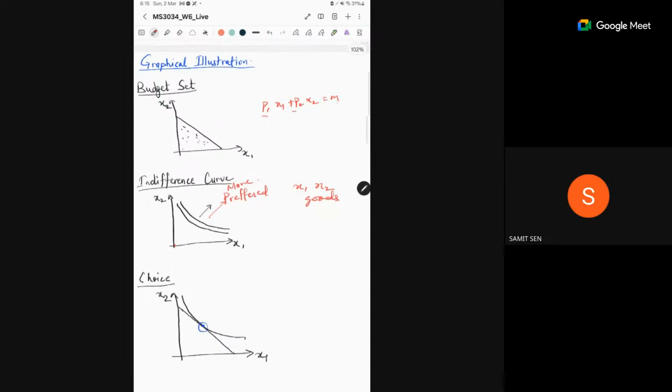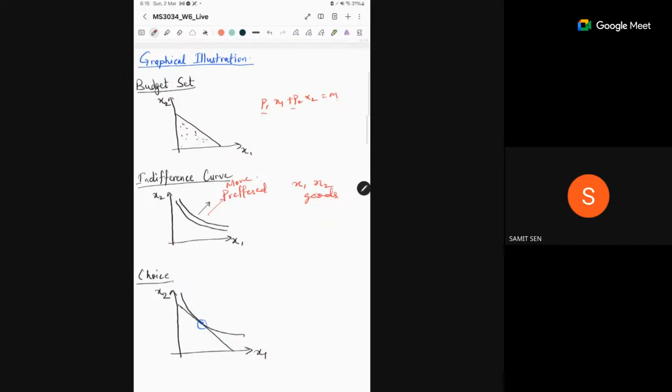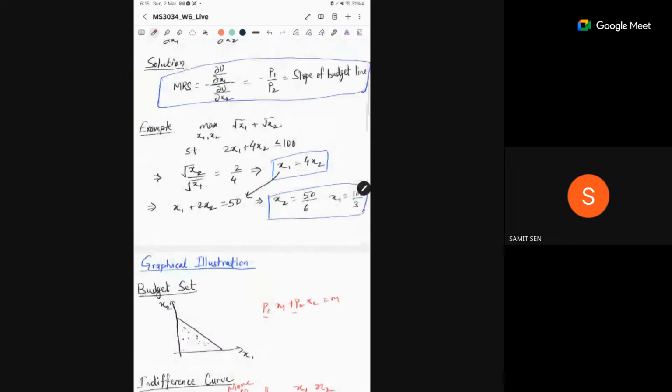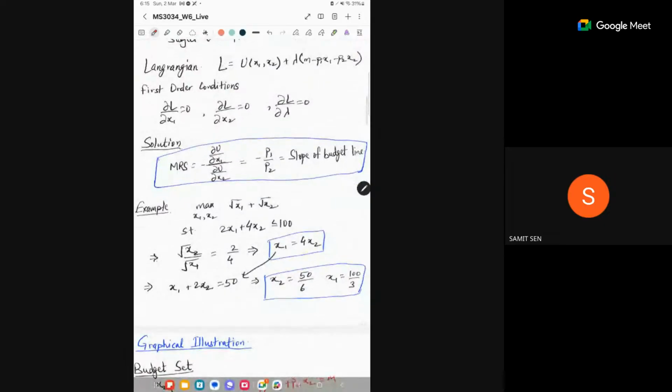You want an indifference curve that is the farthest away from the origin, and that comes out to be the indifference curve which is tangent to this budget line. And that is essentially my solution also. The slope of the indifference curve, the marginal rate of substitution, is equal to the slope of the budget line.